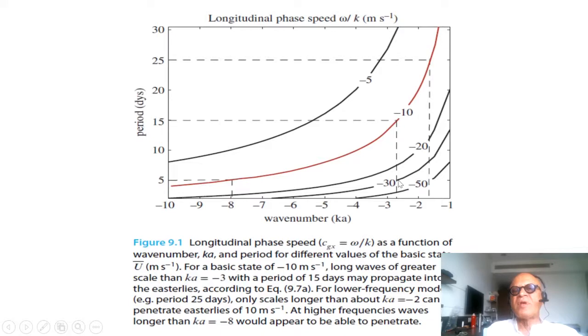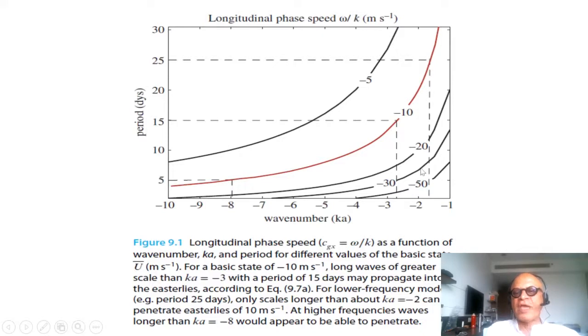So going from minus 50 meters per second, minus 30, we are putting in an easterly basic state, and we are changing the period of the wave. This red line here is the critical latitude where the wave can escape into the lower latitudes.